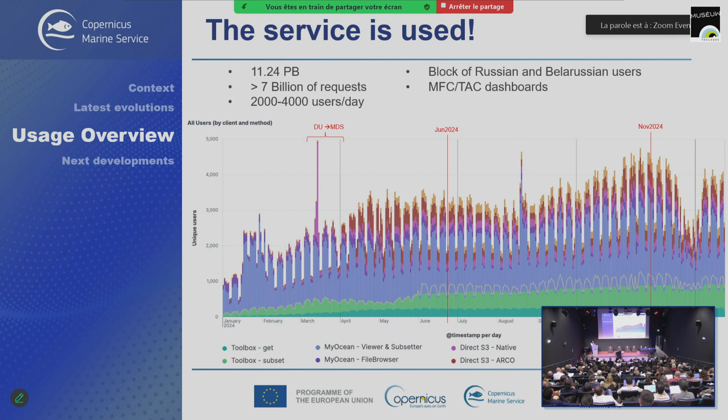For example, we can see in green that the toolbox at the bottom is also growing. I will not spoil Renault's presentation, but just to show you that things are going well. WMTS, the yellow on the top, also shows how the features that we have been implementing are helping users and are used more and more.